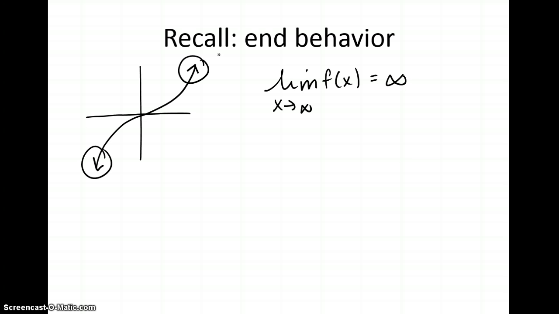That's what that arrow indicates. There's no end to the y values. Now, as x gets smaller and smaller, so as x approaches negative infinity, what are the y values of the function doing? They're decreasing without boundary. Because of this infinite behavior, no horizontal asymptote occurs on the graph. And looking at the graph of that function, we can see that very easily.